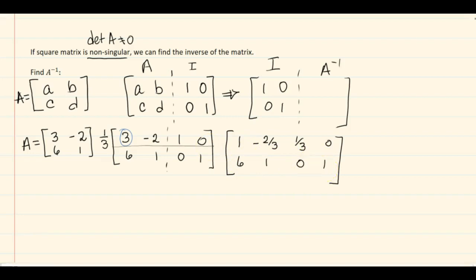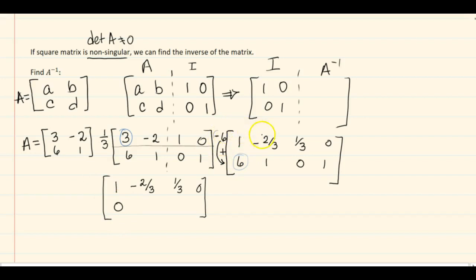The next thing we want to do is get this one to be a 0. So I'm going to multiply the top row by -6 and add it to the bottom row. Notice the top row doesn't change, so I'm going to write that down. For the bottom row, I multiply by -6 times 1 and add it to get 0.